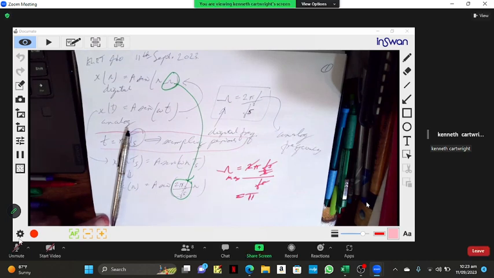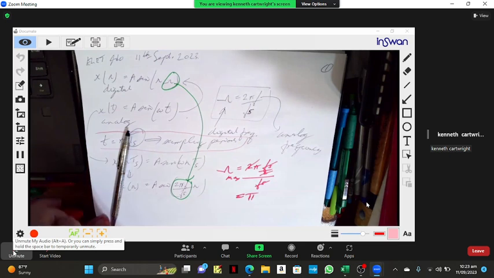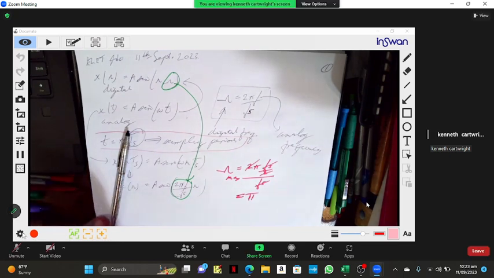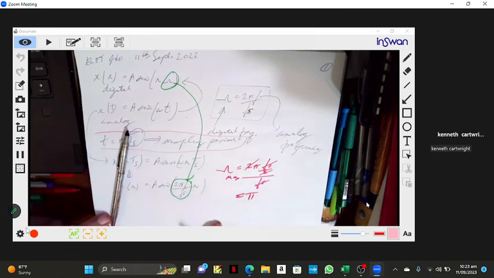What's the unit of pi in this context? That should be Hertz, right?